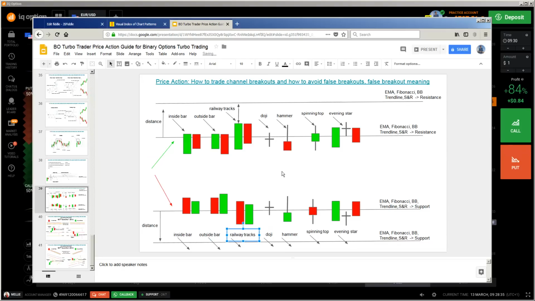Fake breakouts are difficult to identify, it's the same thing like rejections. They are difficult to identify because everyone is trading this. Breakouts are a common way Forex traders do trading. They wait for breakouts to trade them, and that's the reason why a lot of breakouts will not work out, because the Forex traders know them.